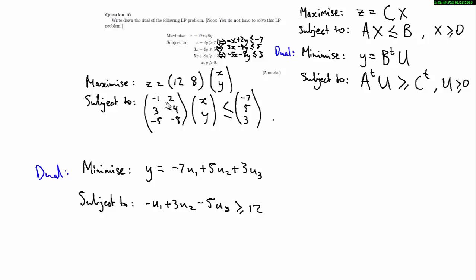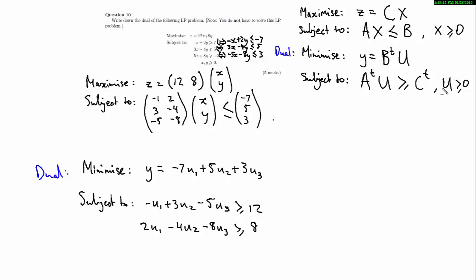For our second one, we look at the second column of this matrix to give us our coefficients. So we have 2U1 minus 4U2 minus 8U3, which is greater than or equal to 8, the second value of our C transpose matrix.